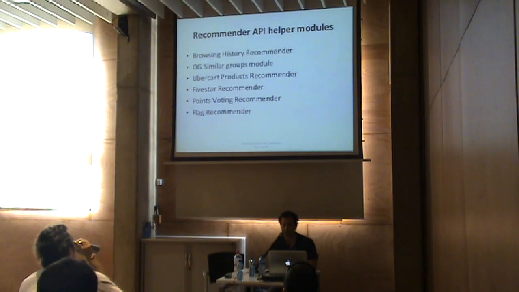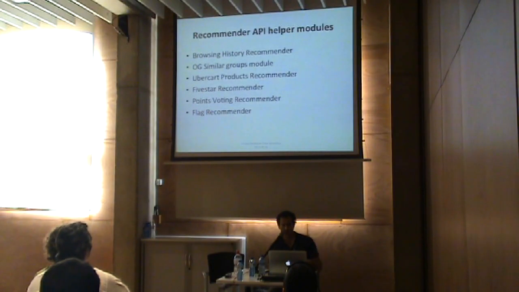There's the 5-star recommender, which works on the principle that users who have rated these items highly have also rated these items highly, and therefore we can recommend them to you because you had the first items in your rated list. There's also a module available for using the Voting API, which is a similar process, and flagging nodes. Users who flag these nodes also flag these other nodes, and therefore we can associate those nodes and recommend them to you.